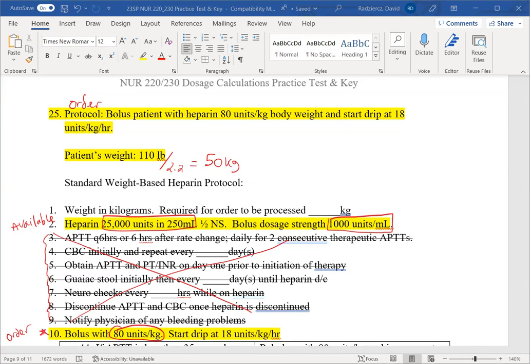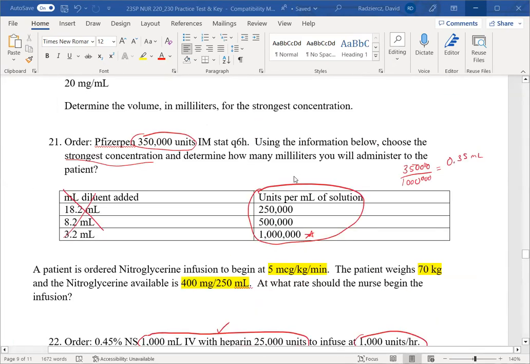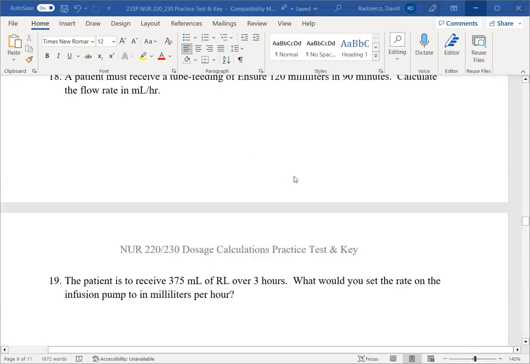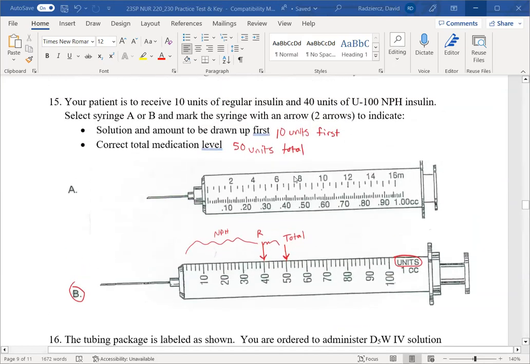I actually watched a recording that you must have done for an earlier review of the drug calc test, and number 15, the insulin question. I know what syringe to select.